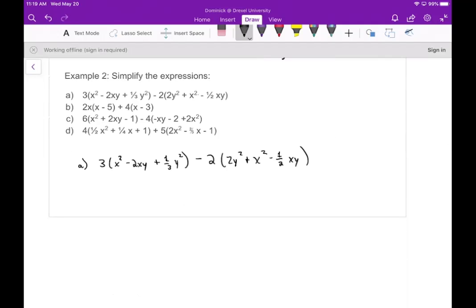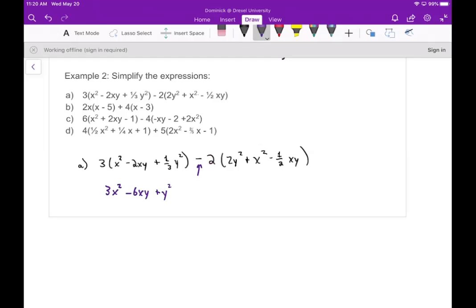Right, so we actually need to distribute first, right? So that will help us take care of this minus out here. But even if this was just minus this part, we would still need to distribute that negative. But anyway, so we're going to get a 3x squared minus a 6xy, and then 3 times 1/3 would just cancel and leave me with a y squared.